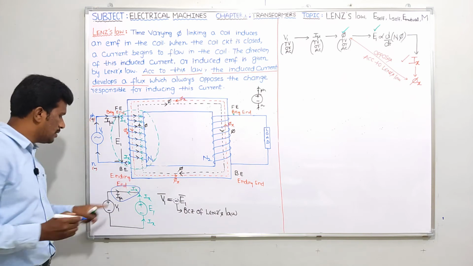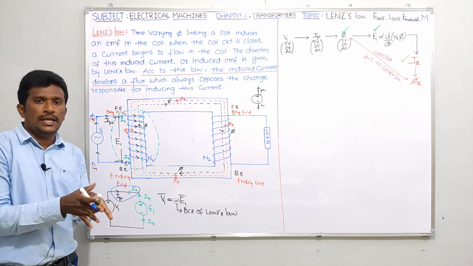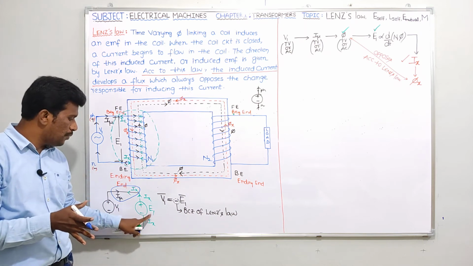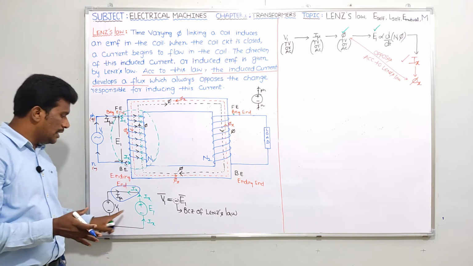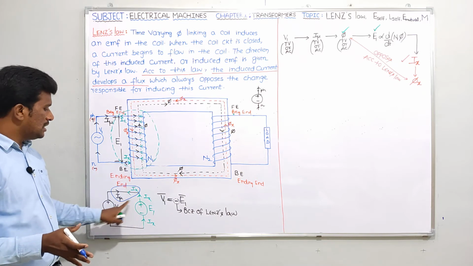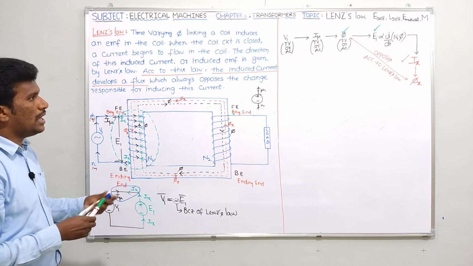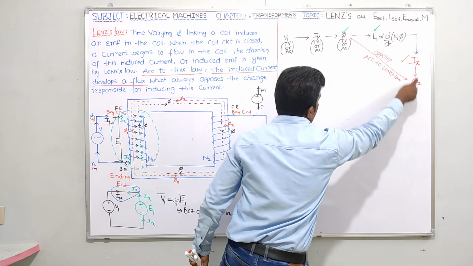This I mu and Ix are opposing. That opposition only, that E1 is opposing this V1, or I can say this Ix is opposing this I mu. Can you please tell me, because of Ix, what is the flux you are going to have? Phi x. And because of this I mu, what is the flux you are going to have?